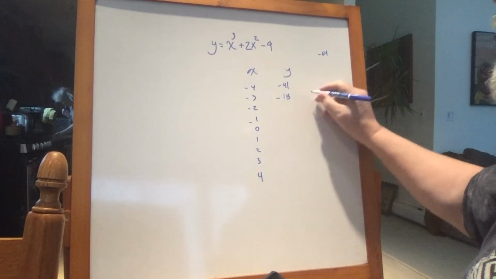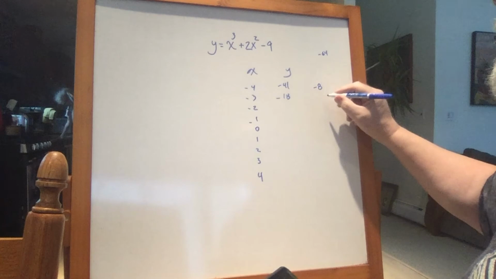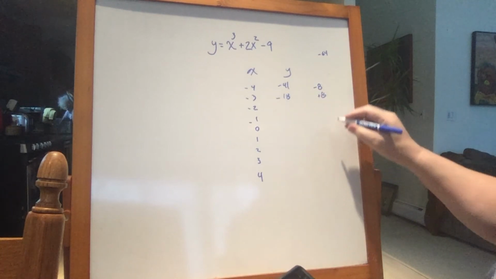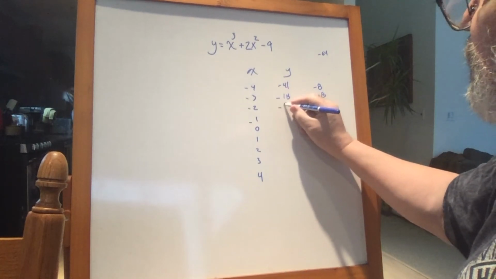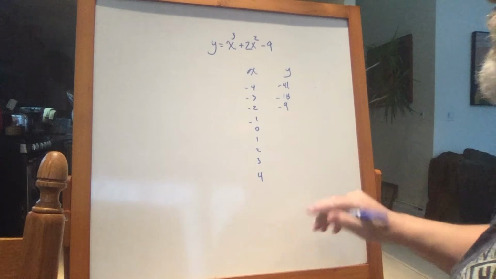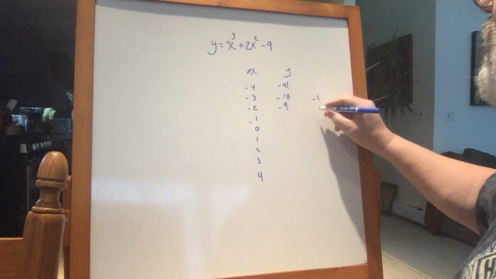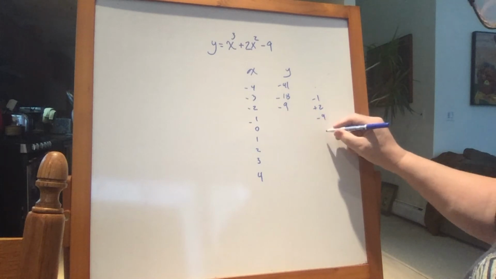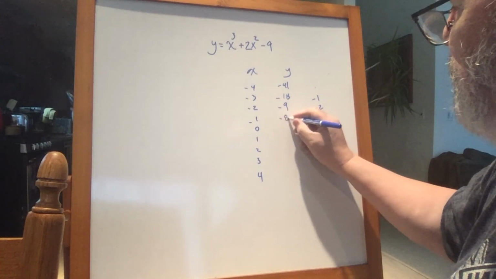Okay, that's 8 minus 8 plus 8 minus 9. This one is minus 1 plus 2 minus 9. Okay, so that's minus 8.